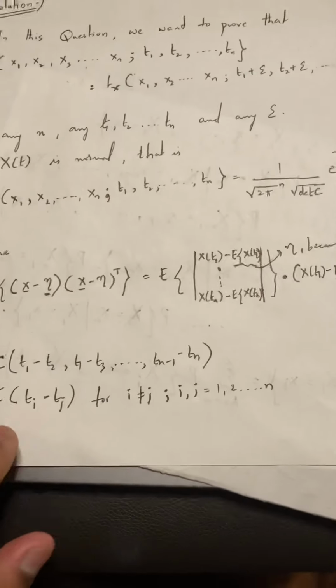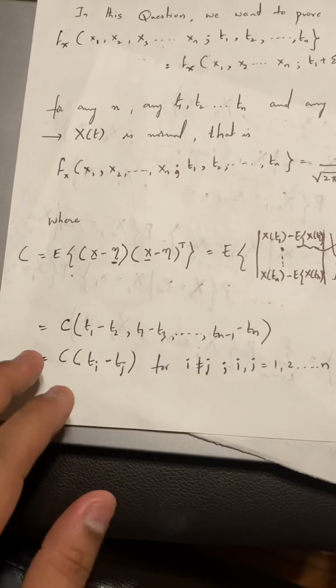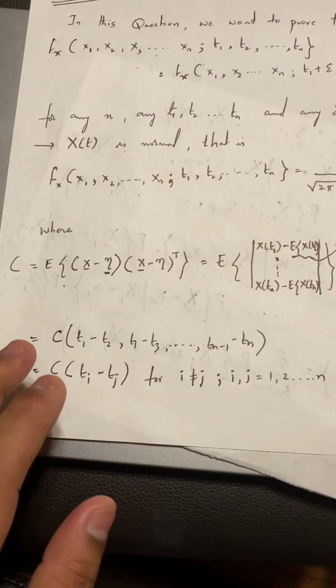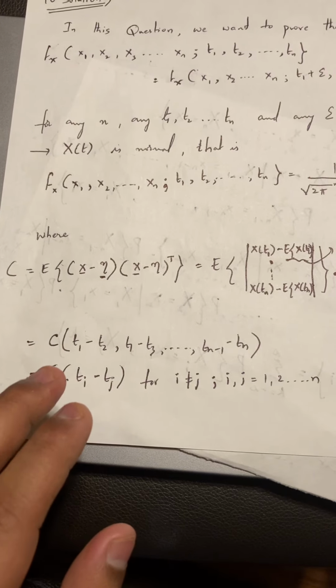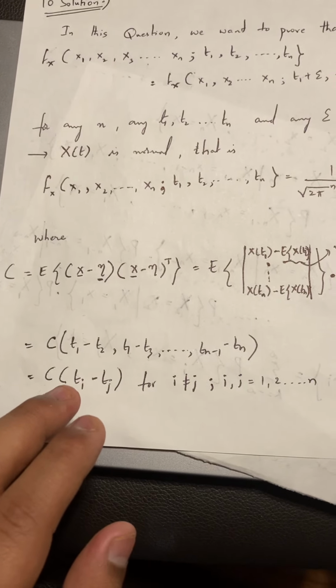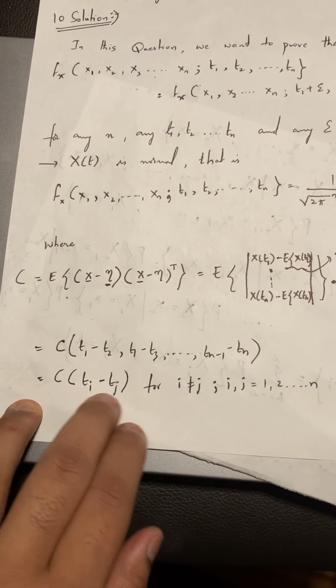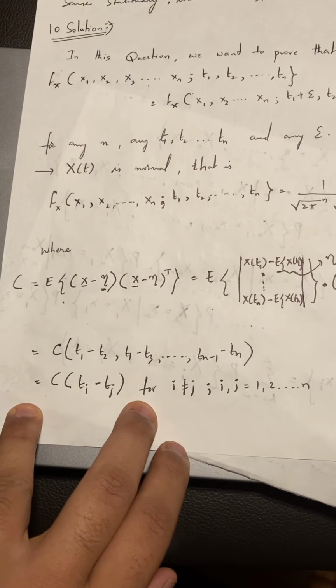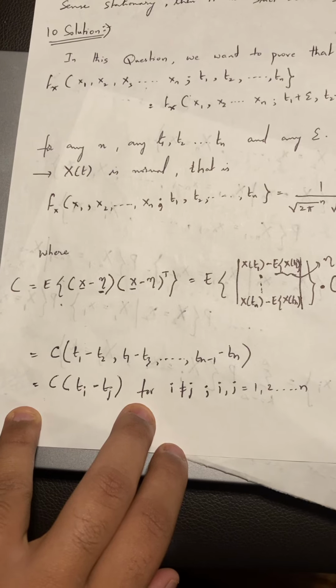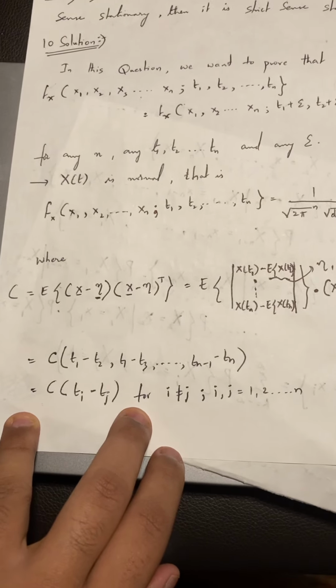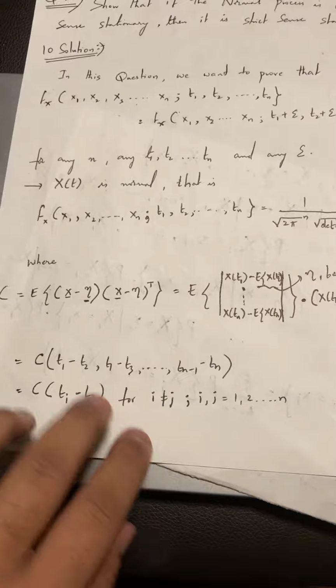So C can be simply written as C(t1 minus t2, and so on, tn minus 1 minus tn). This can basically be written as C(ti minus tj) for any i not equal to j, where i, j can take any values from 1, 2, and so on up to n. So let us look at this.